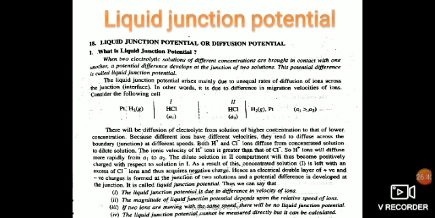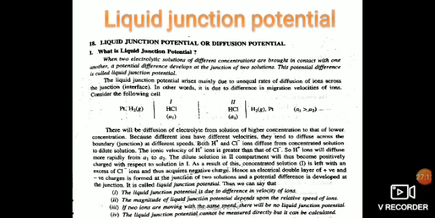There will be diffusion of electrolyte from the solution of higher concentration to that of lower concentration, because different ions have different velocities. They tend to diffuse across the boundary or the junction at different speeds. Both H plus and Cl minus ions diffuse from concentrated solution to dilute solution. The ionic velocity of H plus ions is greater than that of Cl minus, so H plus ions will diffuse more rapidly from A1 to A2.